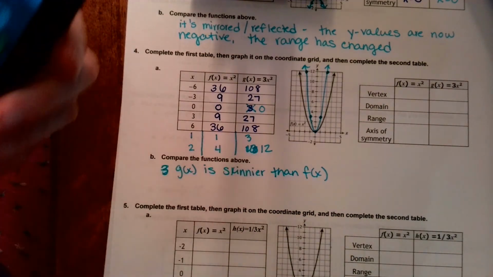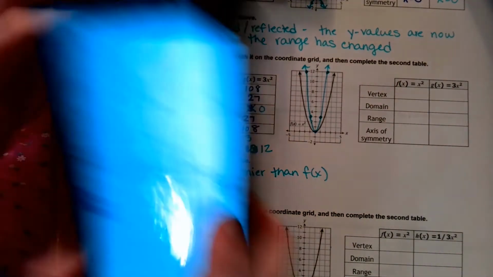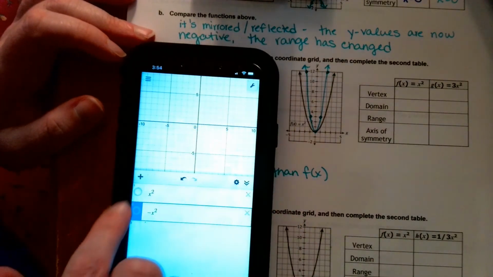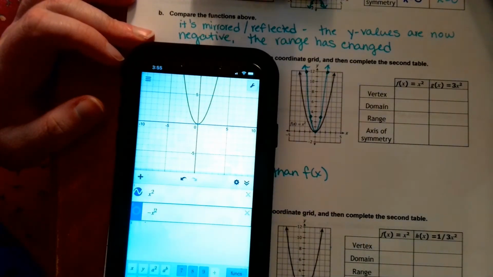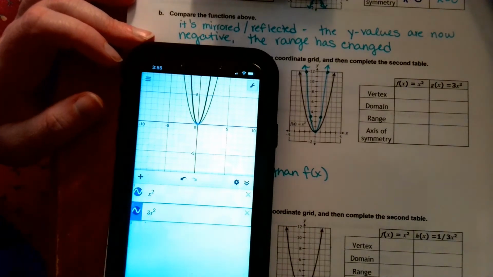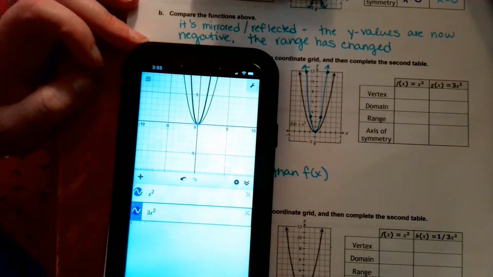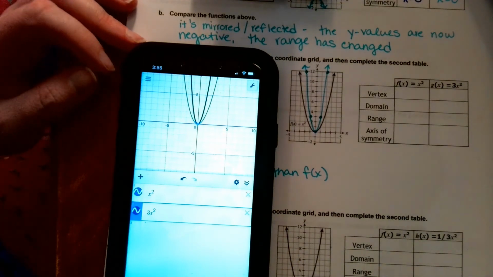And let's just go ahead and graph on Desmos just so we know I'm not being biased. We're going to turn this to 3x squared, and boom, it is a skinnier graph, which is what we wanted.